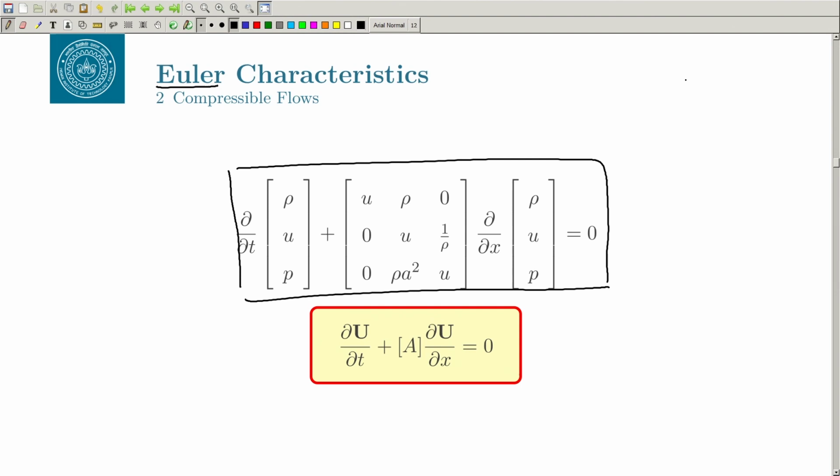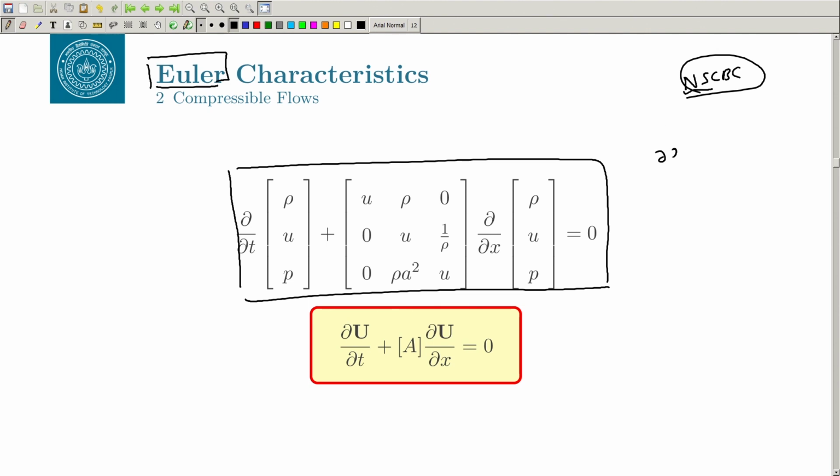There are NSCBC, Navier-Stokes characteristic boundary conditions, but they are much more complicated, and what people have seen is that whether you use Navier-Stokes or Euler at the boundary, if the boundary is taken sufficiently far away, it does not matter much. So we will focus on the Euler characteristic because it is easy to analyze and easy to implement.